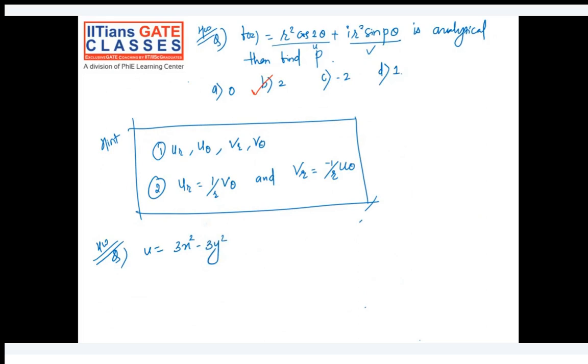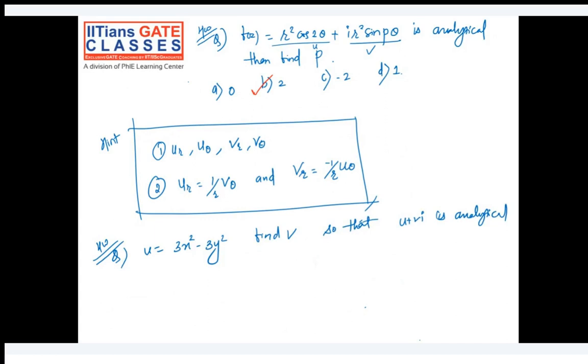Find V, so that U plus Vi is analytical. Or in other words, find the harmonic conjugate. Harmonic conjugate of U is V.